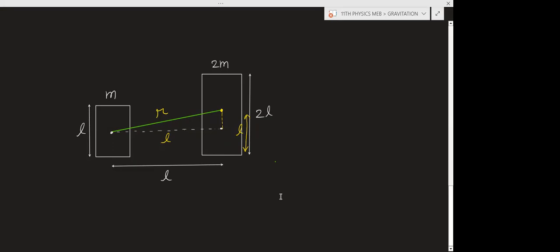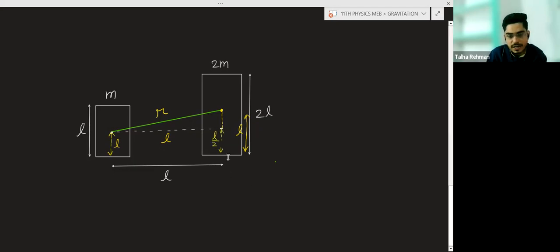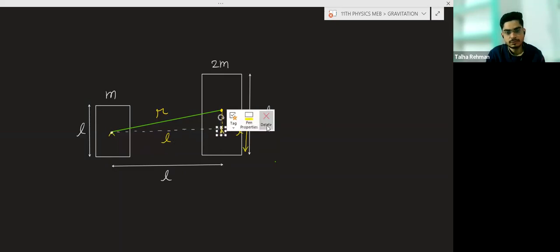L by 2, yes, because this is the center. This is a parallel line, so this distance will also be L by 2. So if this distance is L by 2 and the whole distance is L, then L minus L by 2 becomes L by 2.